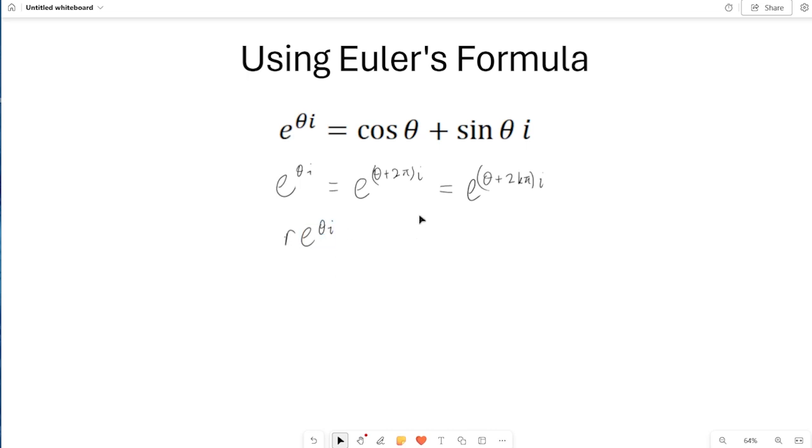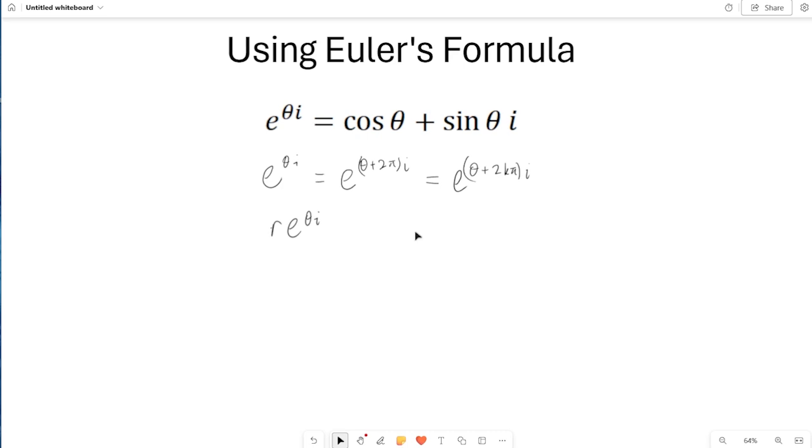This also conforms to our expectation with multiplication of complex numbers. If we have two complex numbers, z1 equals r1 e to the power of theta 1 i, and a second one, z2 equals r2 e to the power of theta 2 i, and we multiply them, obviously the moduli get multiplied by each other.